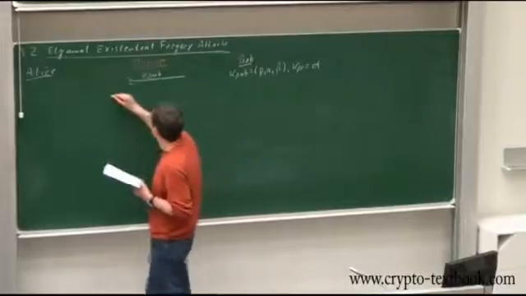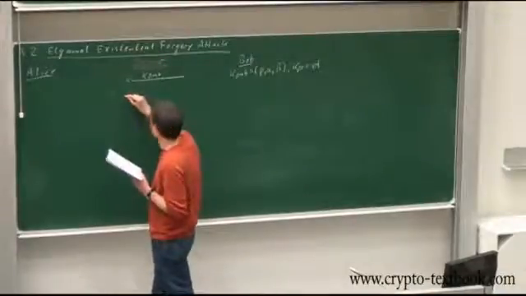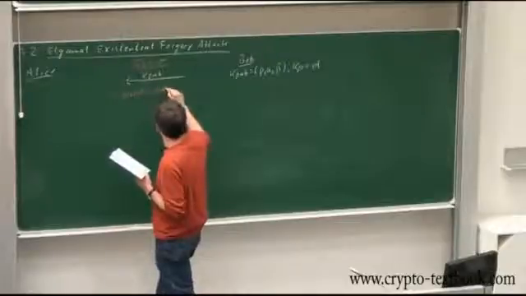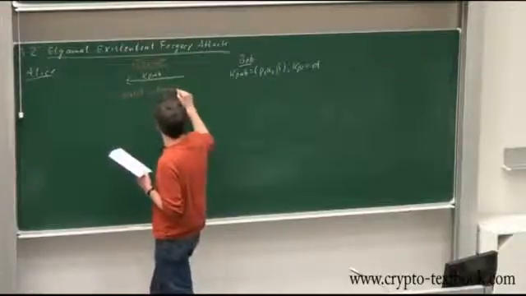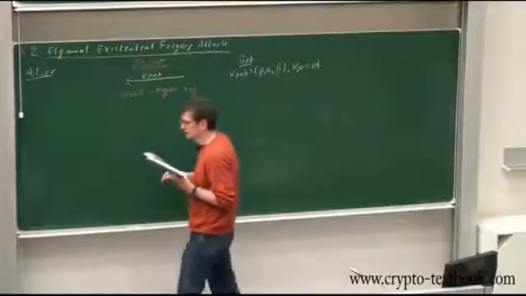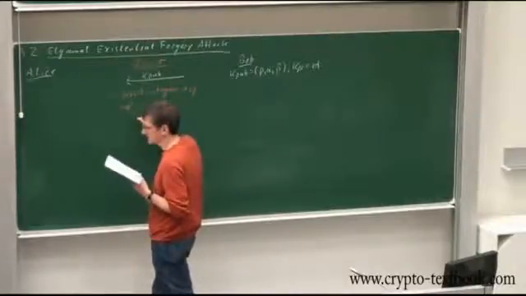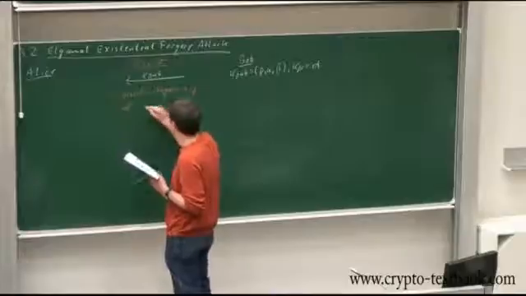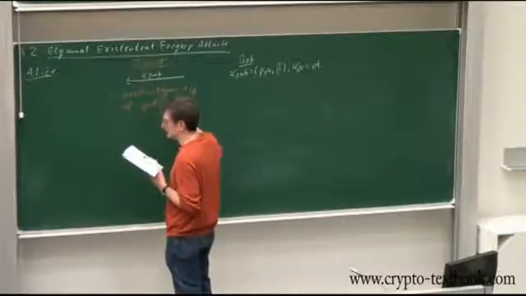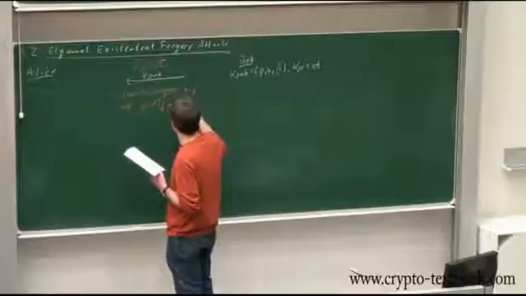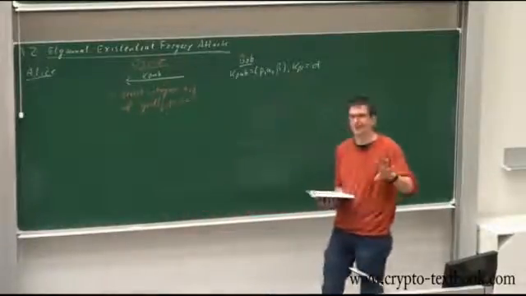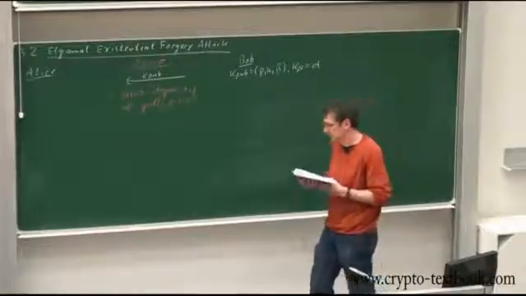Okay, so the first thing that he does is select integers i and j, where the GCD of j and p minus 1 is 1. So probably we want to invert j at some point down the road, okay?